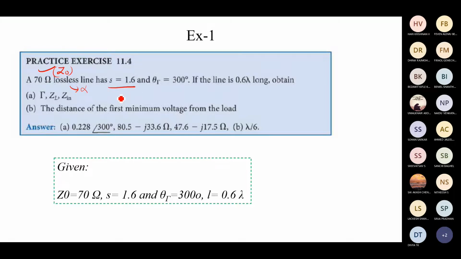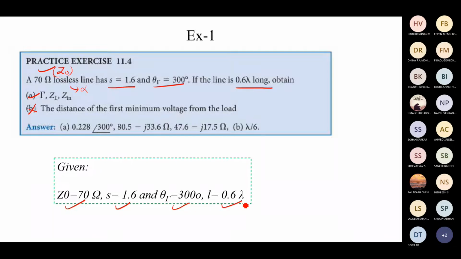It has a voltage standing wave ratio, that is VSWR, of 1.6, and the angle of the reflection coefficient is given as 300 degree. If the line is 0.6 lambda long, obtain the load reflection coefficient and load impedance. This problem we will see in the next class. So the given values are nothing but Z naught, S, angle of the reflection coefficient, and length.